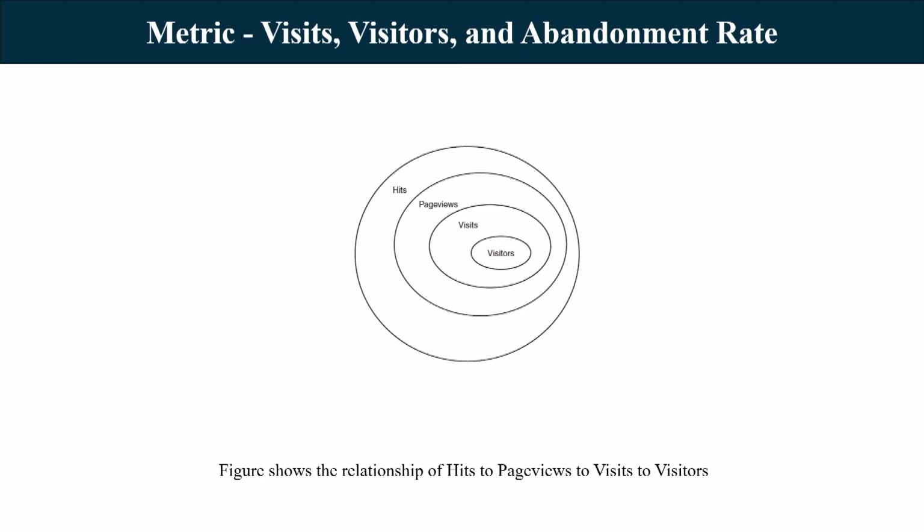If we look at the various metrics associated with the digital space, we discussed hits and page views. Hits represent the number of times files are viewed. It is not just about the number of web pages being loaded, it is about the number of files being loaded.